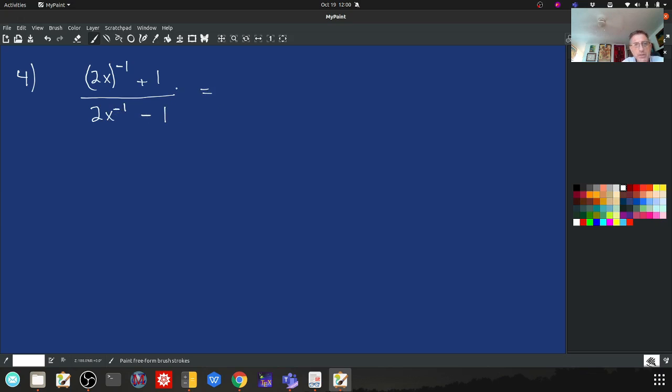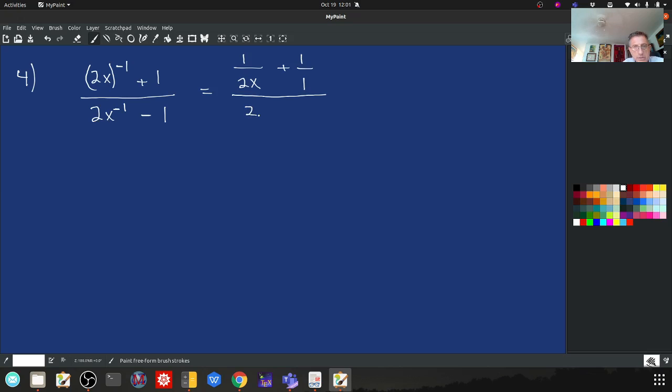So the first thing we do is rewrite using our negative exponent rules. Here our base is 2x, so to convert this into a positive exponent, I write it underneath the division line. And in this case, I'm going to write plus 1 as 1 over 1 because I want it to be a fraction. You don't have to. And here the base is x, not 2.